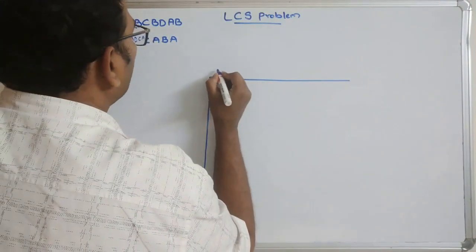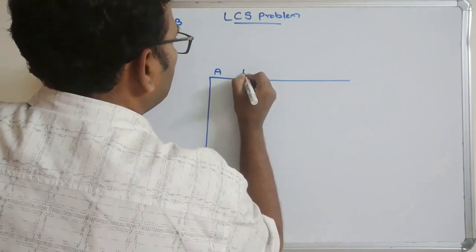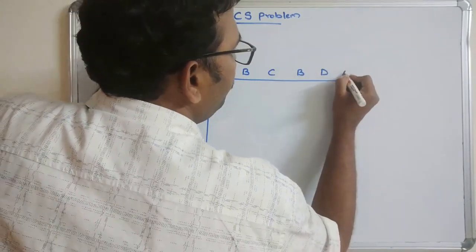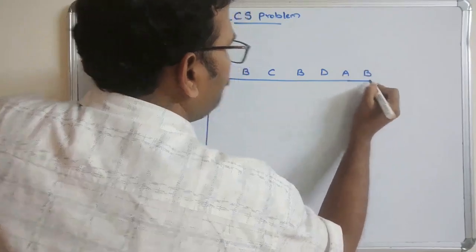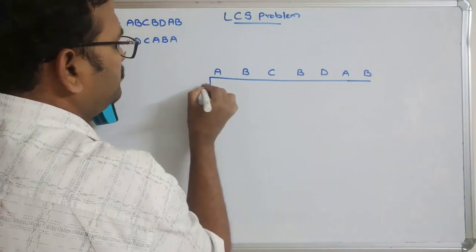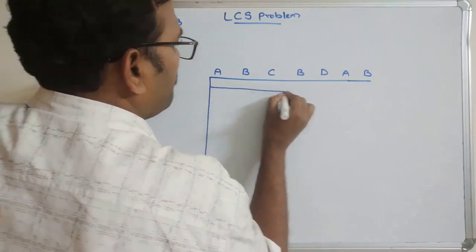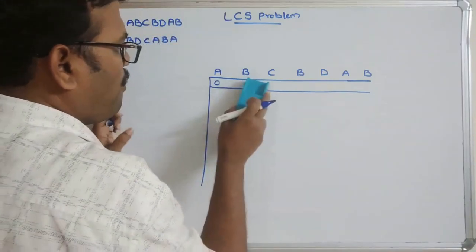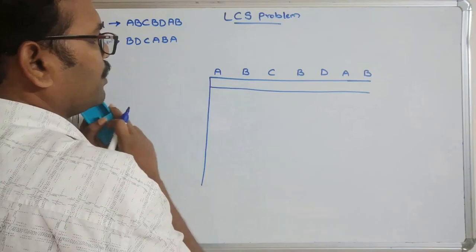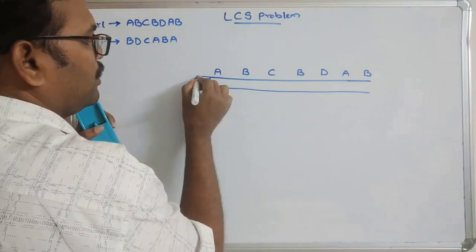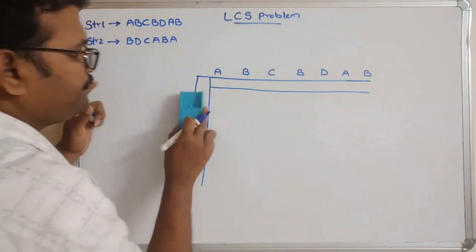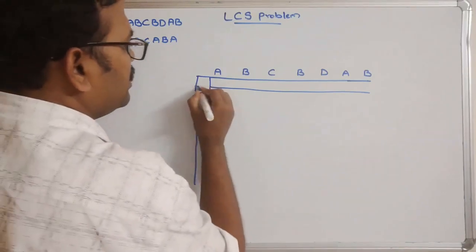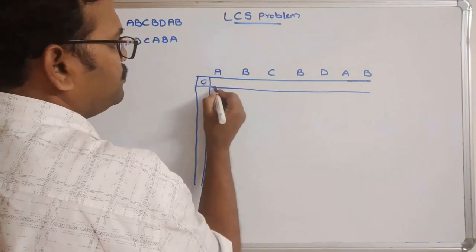I'll write here A, B, C, B, D, A and B, and initially take the values as zeros.